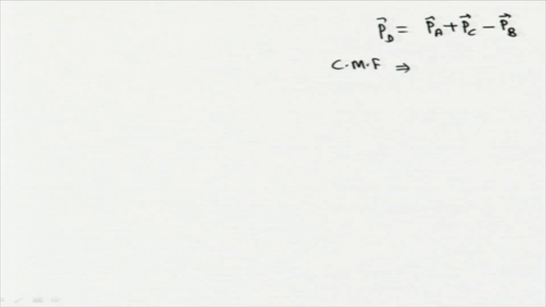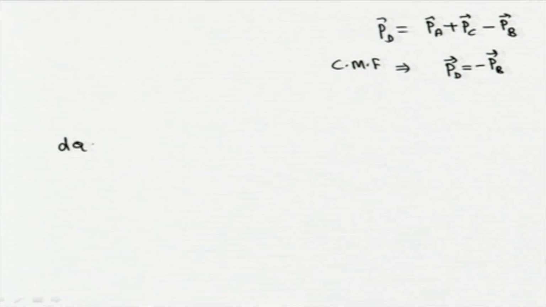That will give you P D equal to P A plus P C minus P B. This is in the center of mass frame, which means P A plus P C is equal to 0, so P D is equal to minus P B. Okay.